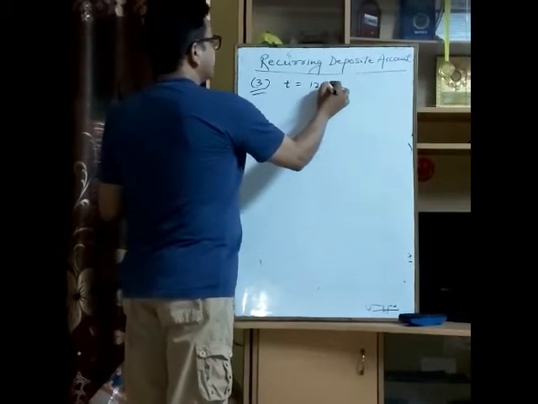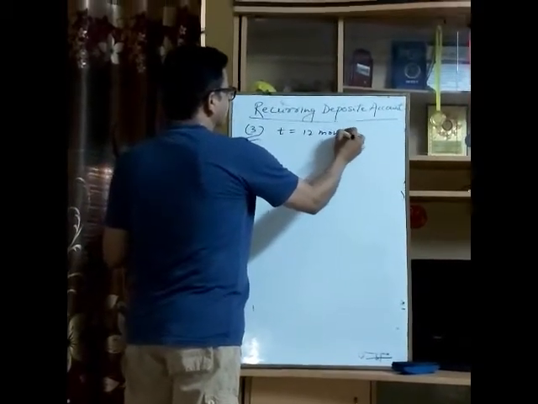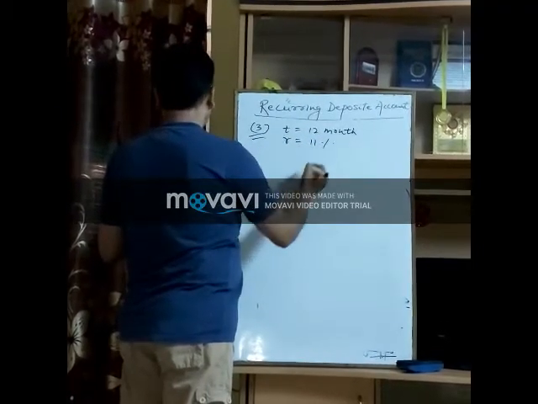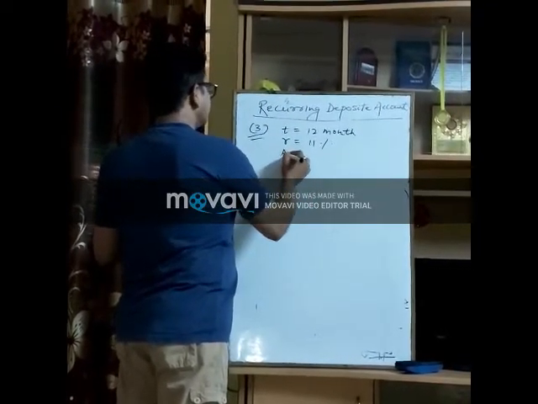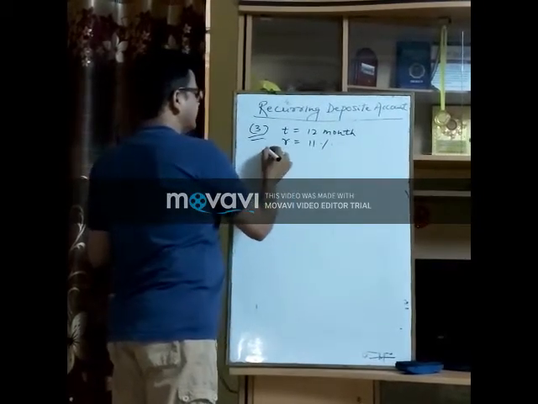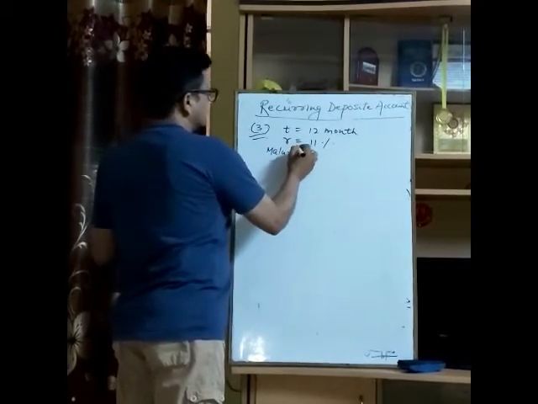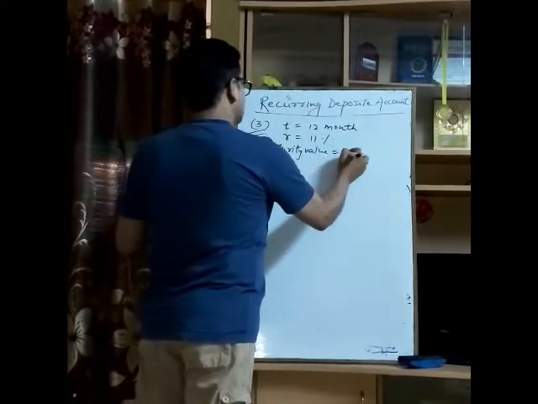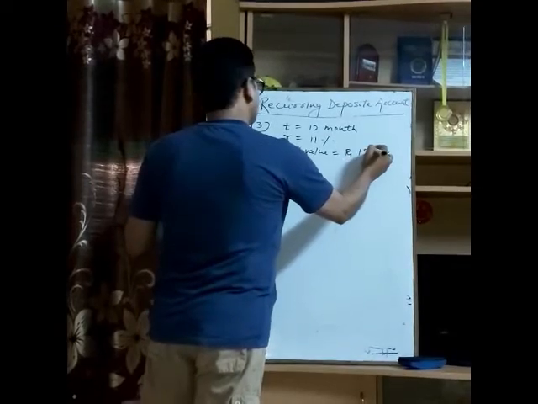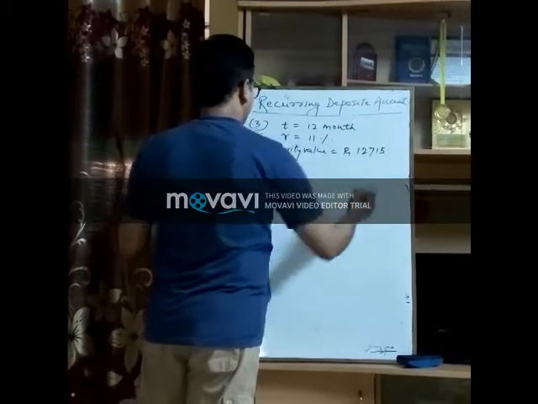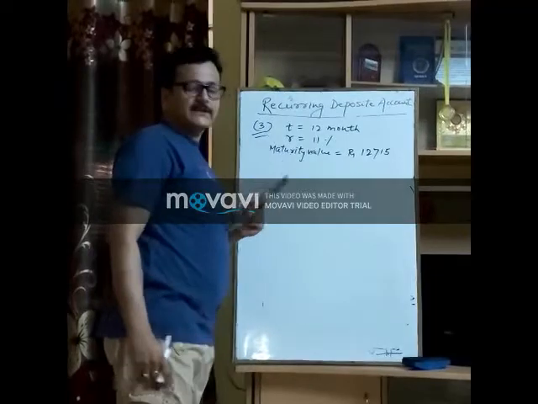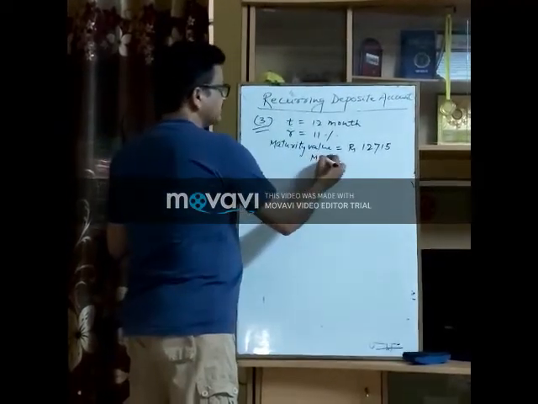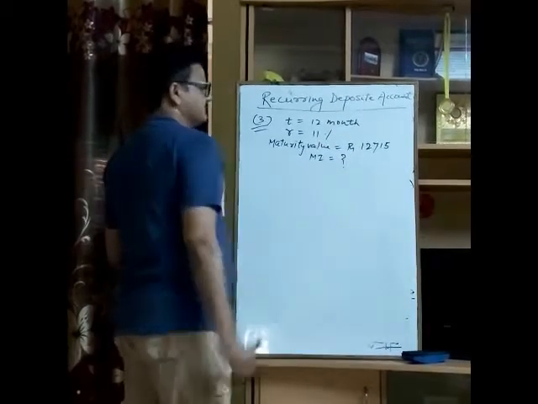Time 12 month. Rate 11%. Maturity amount, or we write maturity value, ₹12,715. All the questions I have taken from Selina book of class 10, and we have to find out monthly installment.